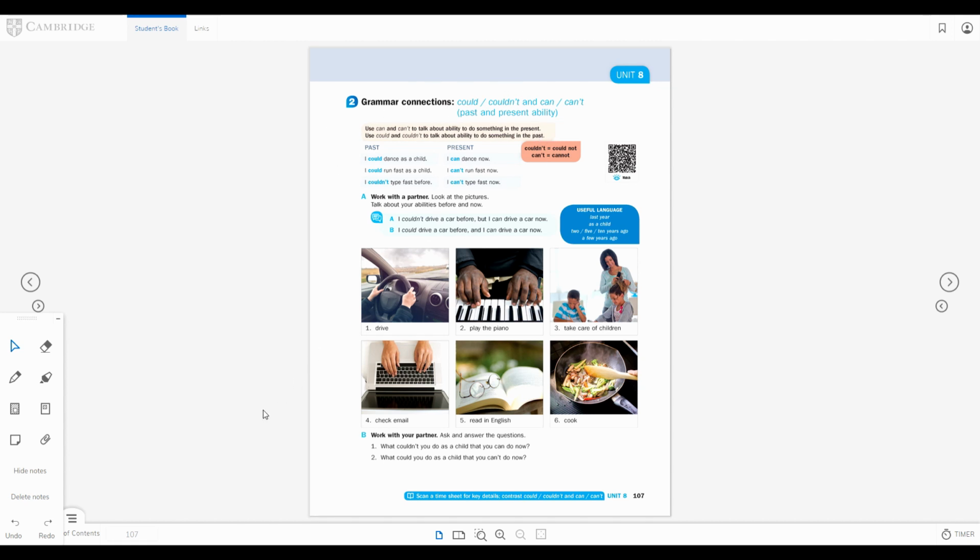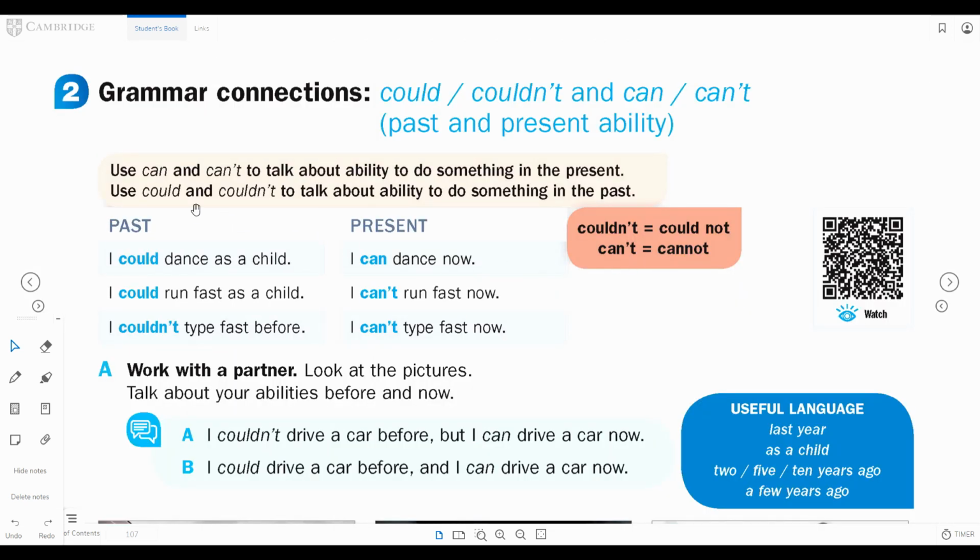Let's read this orange part here. Open your book if you haven't, on page 107, your student book, okay? But let's take a look here. This orange box. Use can and can't to talk about ability to do something in the present.